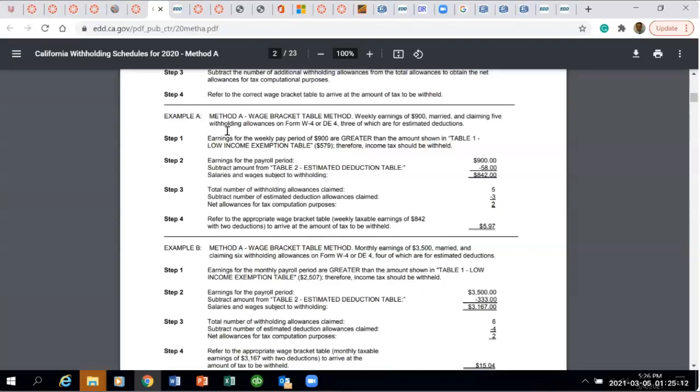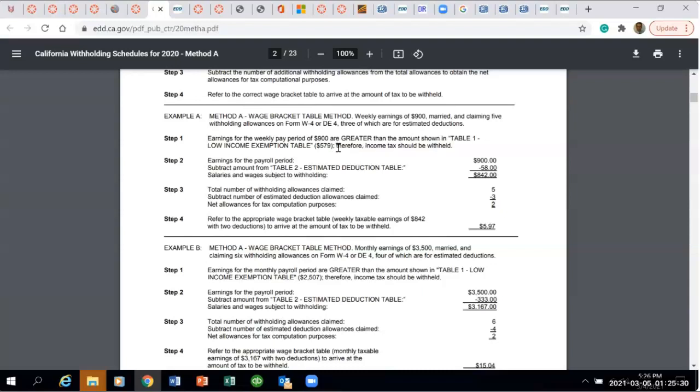It says, first, in step one, earnings for the weekly pay period of $900 are greater than the amount shown in table 1 for low-income people. Therefore, income tax should be withheld.